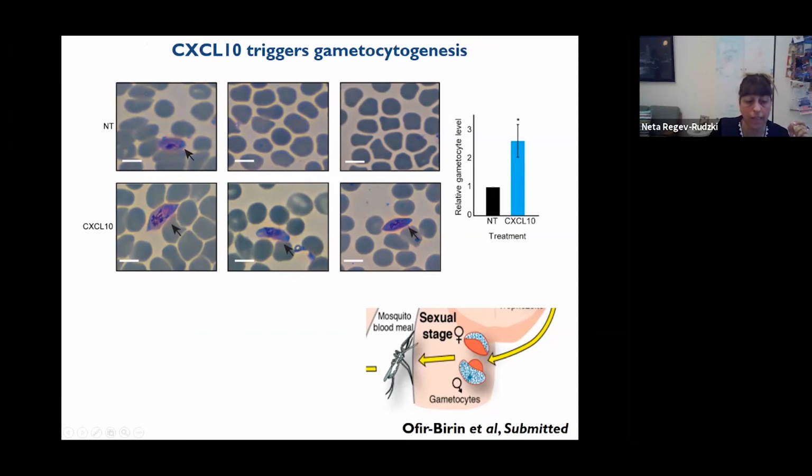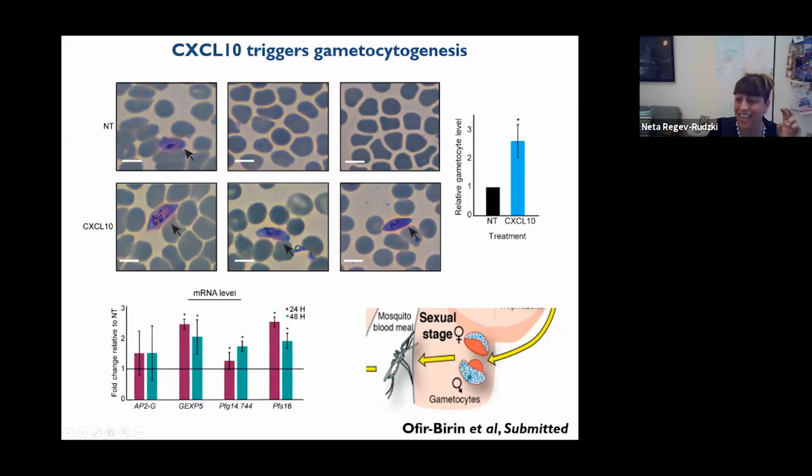As you can see here, within the first 24 hours, when the parasite can sense IP10 in its environment, we got higher activation of the sexual genes of the parasites. Just to remind you, these sexual forms are responsible for the transmission of malaria from the human host to the mosquito vector. So if we know how to block these sexual forms, there will be no more transmission of malaria.